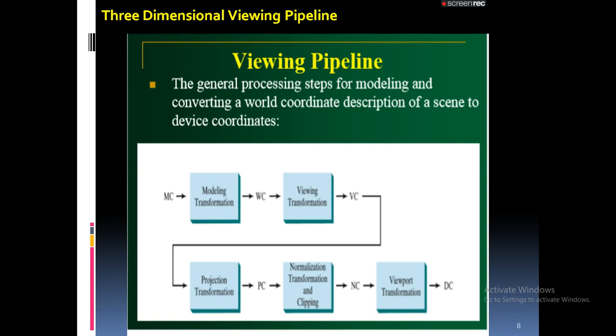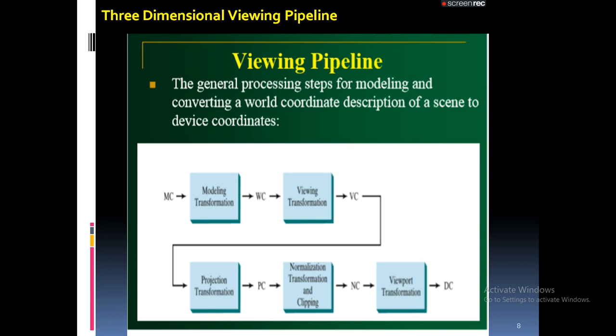To perform the process of mapping modeling coordinates to screen coordinates, we are supposed to perform a sequence of transformations, and those transformations we already learned: modeling transformations, viewing transformations, projection transformations, normalization transformations.